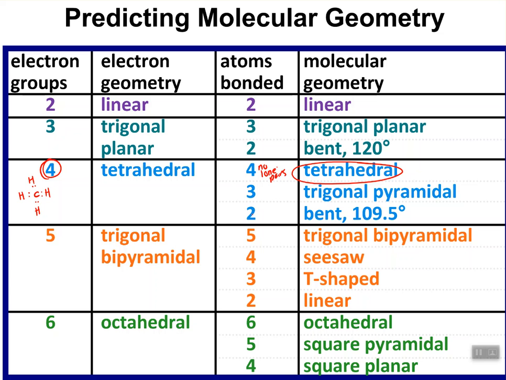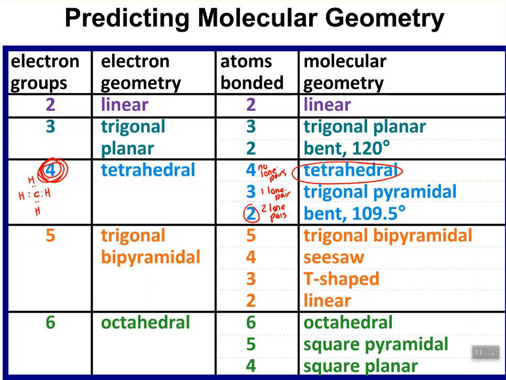But if it has 4 electron groups and 2 atoms attached, then there must be 2 lone pairs. I could say the same thing for 3. If there's 3 atoms attached, it must have 1 lone pair. So the number of atoms and lone pairs is going to be equal to the total number of electron groups.